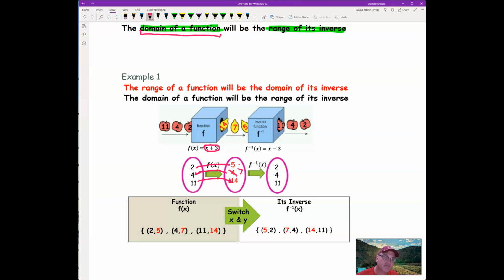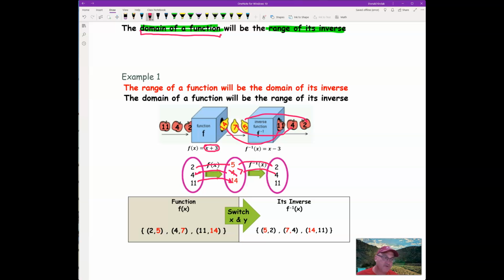It takes that 5, turns it back into a 2, takes the 7, turns it back into a 4, and takes the 14 and turns it back into an 11. That's what an inverse does. So you're back with the same values you started with. You reverse the action of the original function, kind of like going back in time.